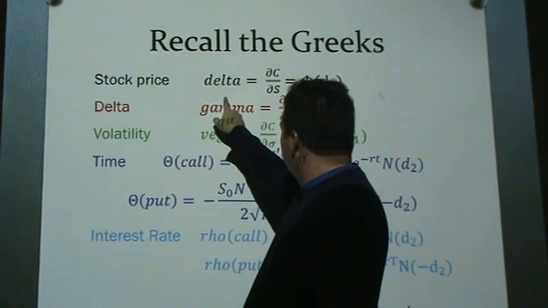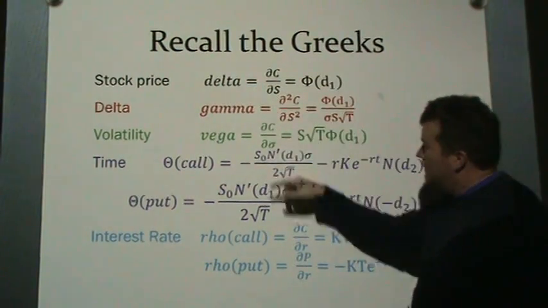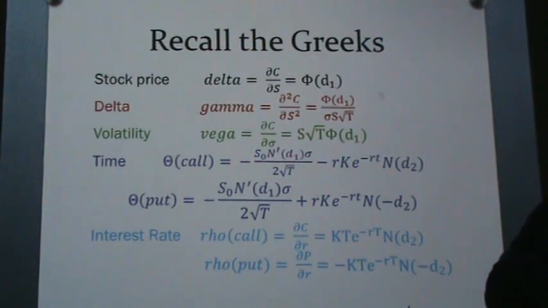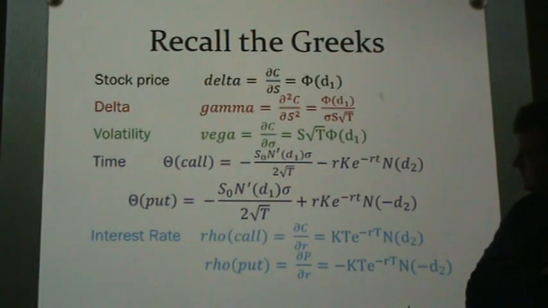Delta, let's see, D and S. What could have been D? Delta. D, derivative? I don't know.